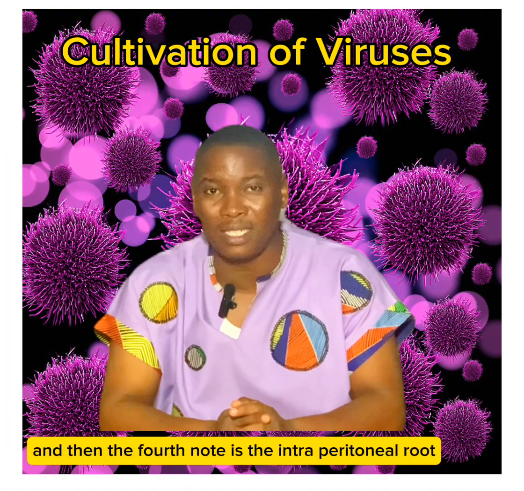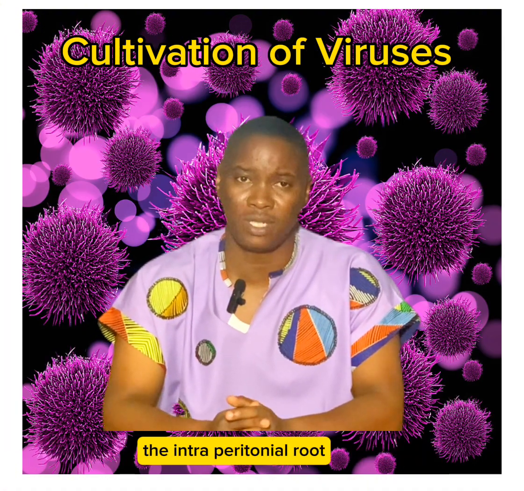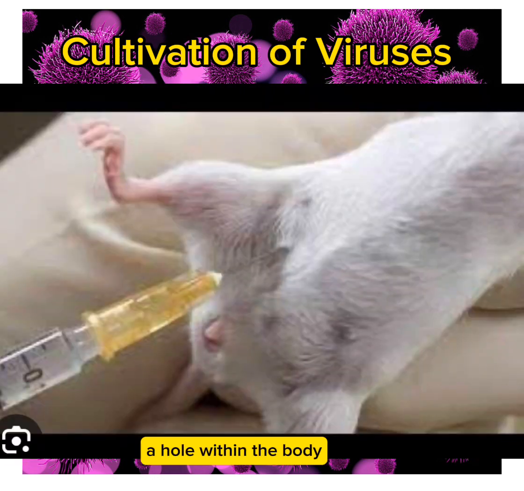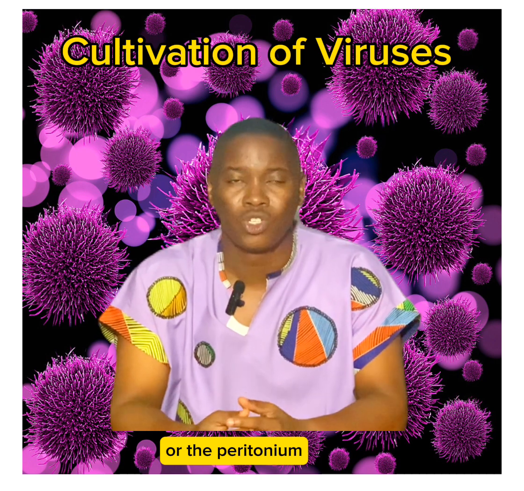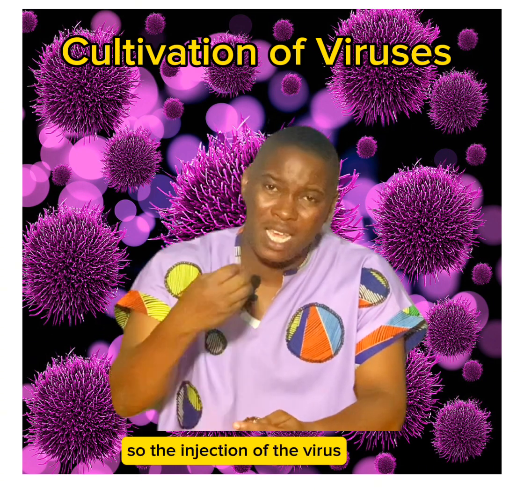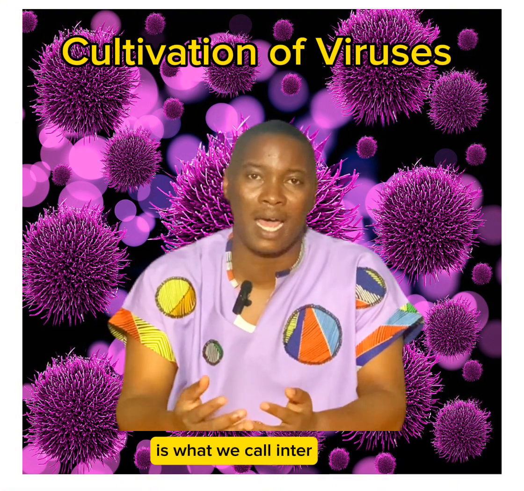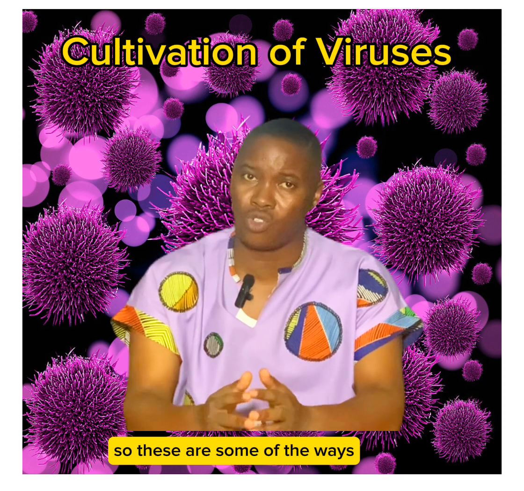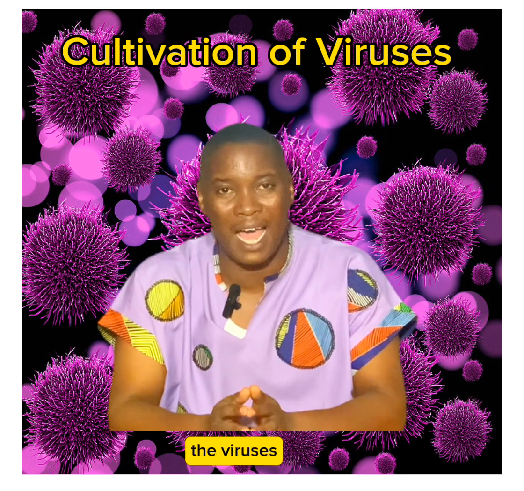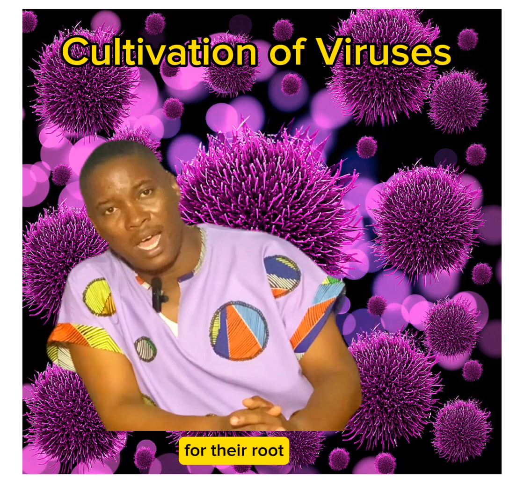And then the fourth is the intraperitoneal route. Every animal has a cavity within the body, which we call the body cavity, or the peritoneum. The injection of the virus into that cavity, that peritoneum, is what we call intraperitoneal inoculation. So these are some of the ways through which viruses are injected into these animals for their growth and cultivation.